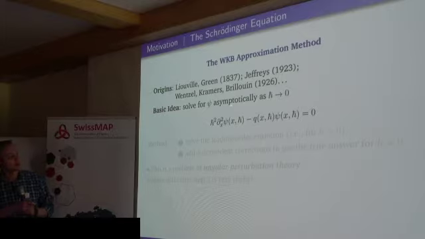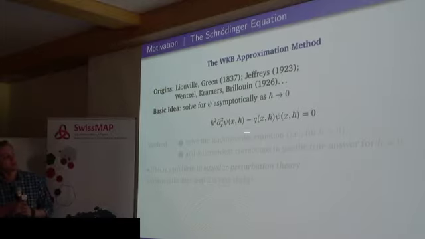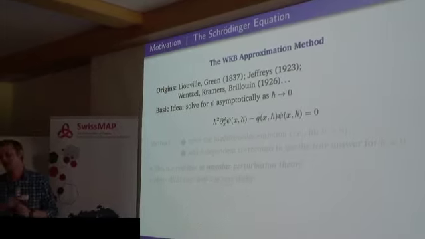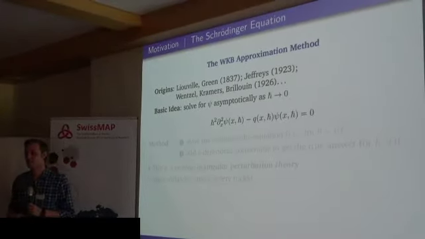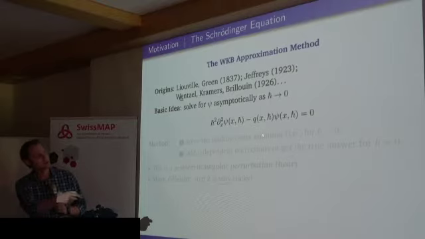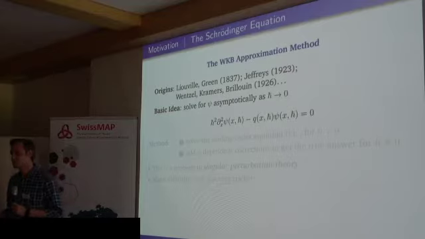So now I'm forcing myself to explicitly include the h bar dependence, and I want some kind of analytic behavior in the h bar direction. Notice that I also put h bar in the potential, so in principle that could also depend on h bar in some bizarre way.